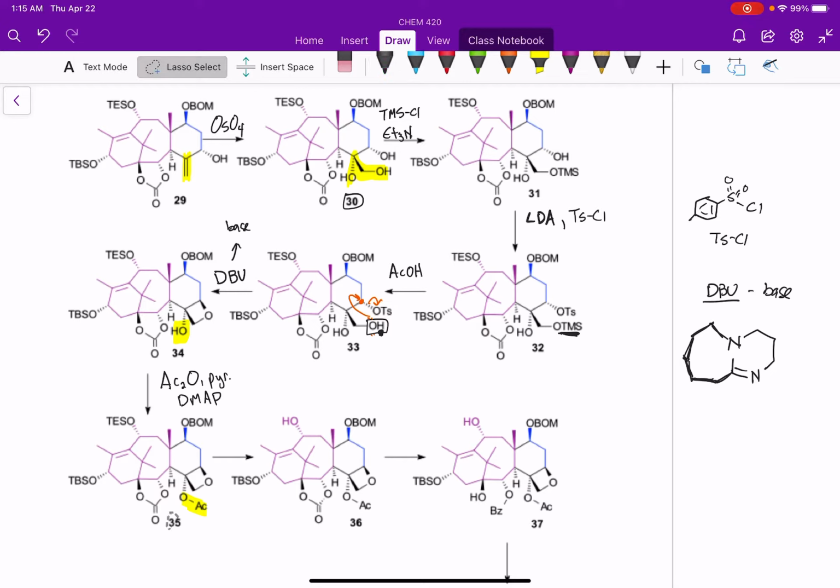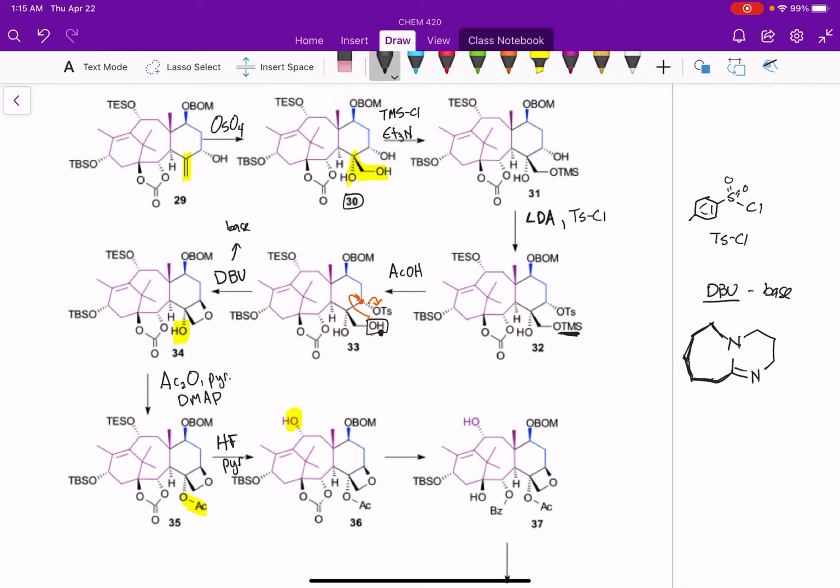Looking at 35 to 36, we've deprotected our TES group, our triethylsilyl group. There are two real ways to do that, TBAF or HF pyridine. Here they used HF and pyridine to remove that silyl protecting group.